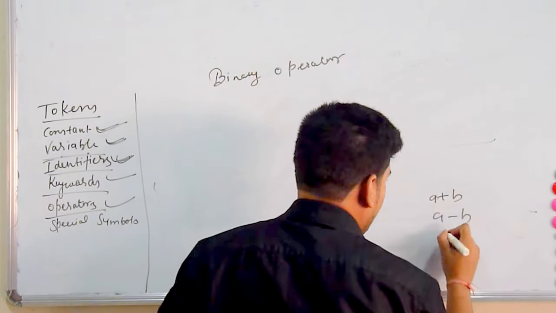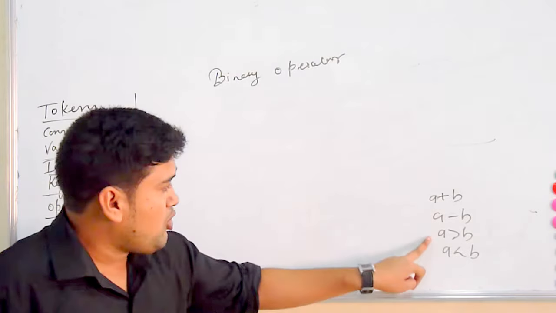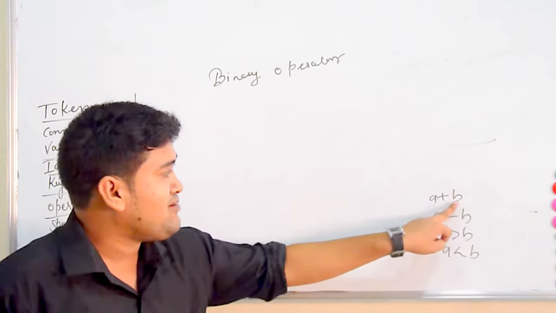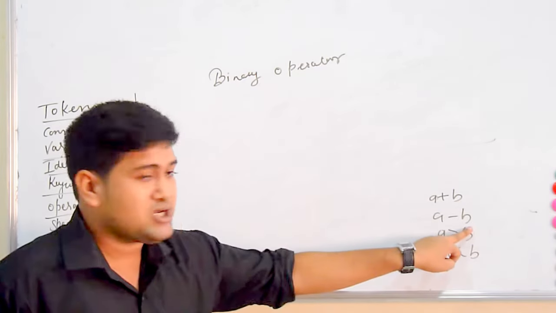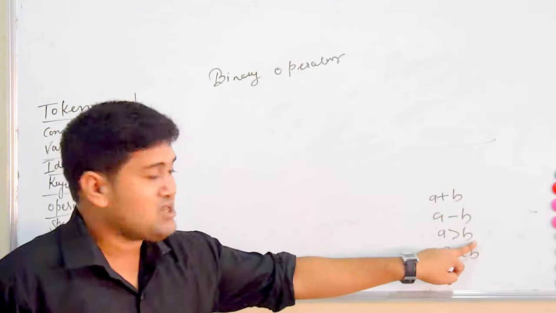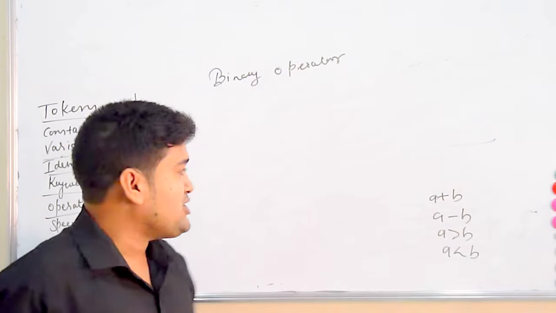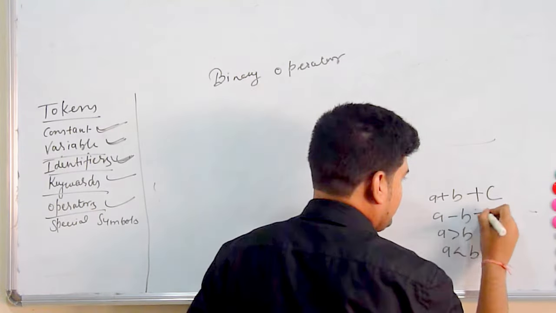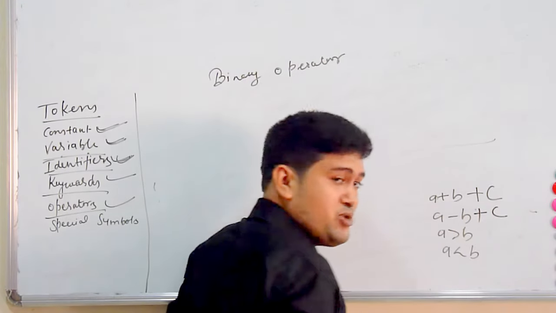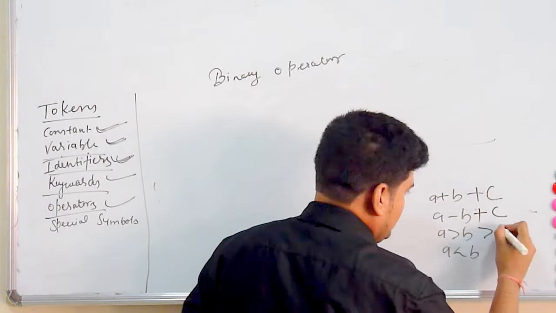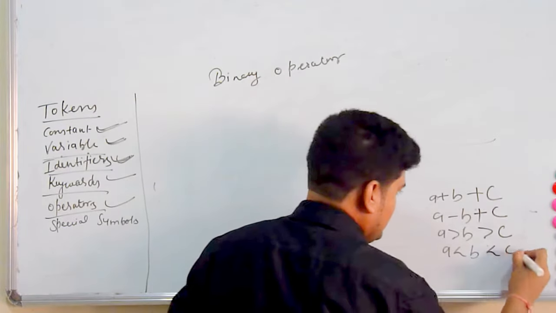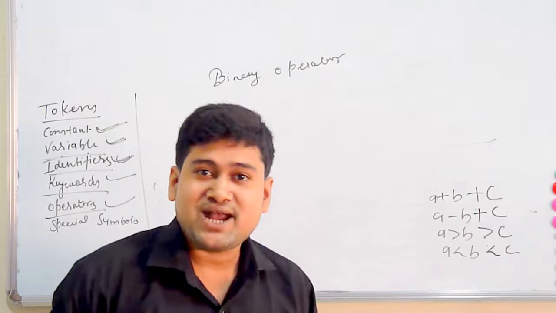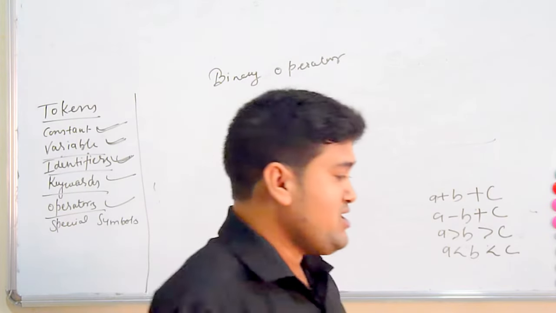You can see that at least two operands we need to perform the calculation. A and b, two operands. A minus b, two operands. A greater than b, two operands. A less than b, two operands. We can also use more than two operands. So a binary operator requires at least two operands to perform the calculation.